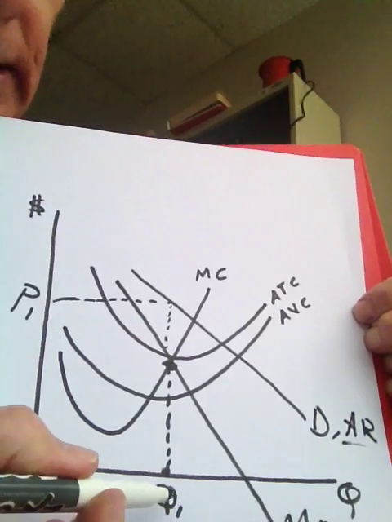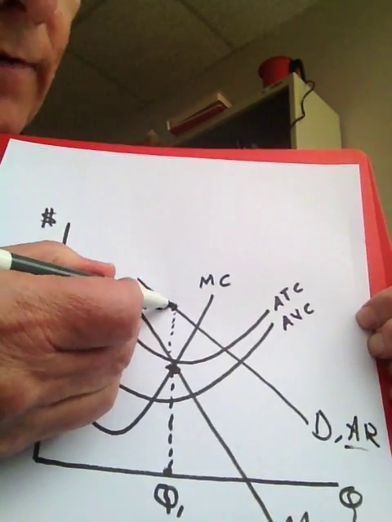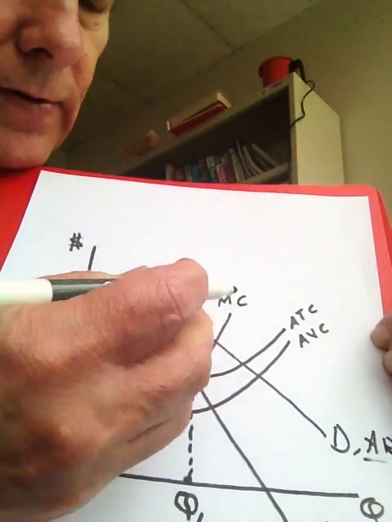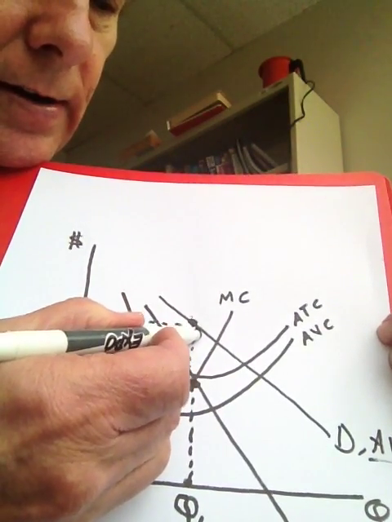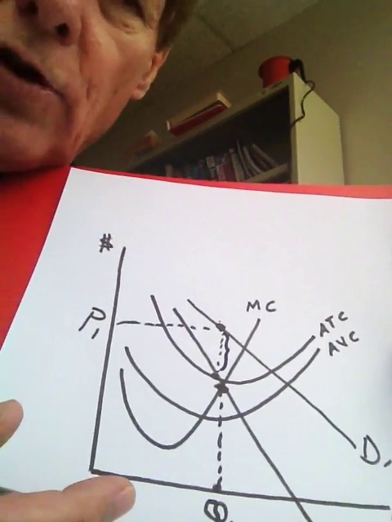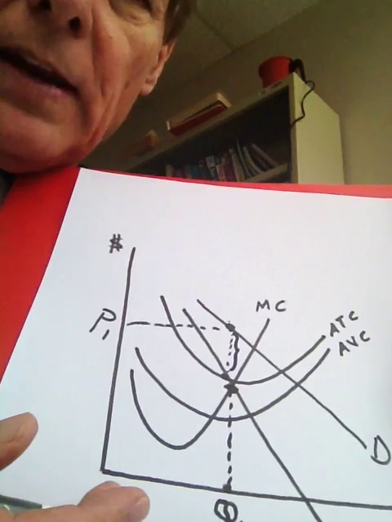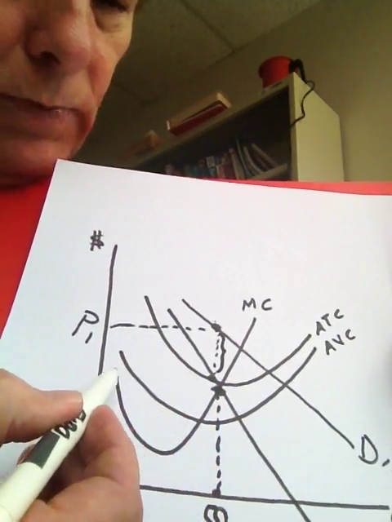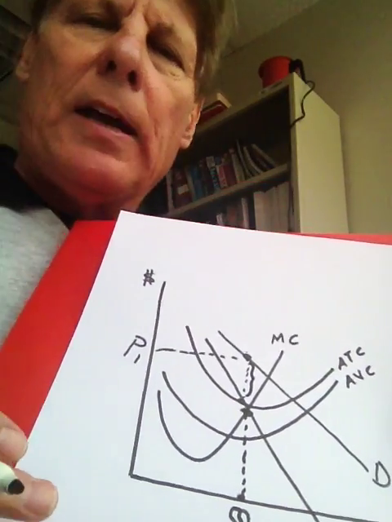At this quantity right here, here is average revenue, and here is average total cost, right there. Here then is average revenue minus average total cost. That is per unit profit. Of course, we could shade this area in to get our total profit here. So the firm is making profits.